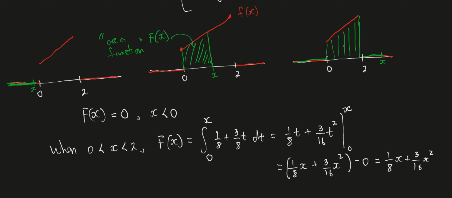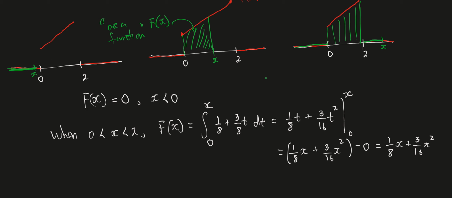But for a PDF, that area is 1. So once you exceed the largest possible value of x, just as in the case of the discrete CDF, you accumulate all the possible area, which is 1. So whenever my x value is greater than or equal to 2, my area function is going to return a value of 1. Let's write that down.